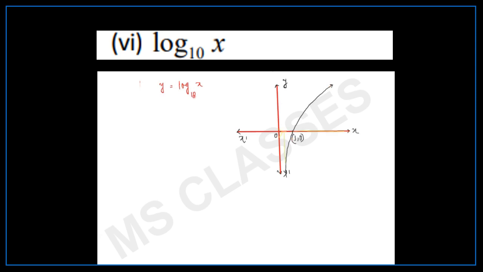Now here we observe that if we take any positive real number, that is any value of x greater than 0, then we get a defined output. When you take any positive number, here you can see we are taking this value, we are getting this output.